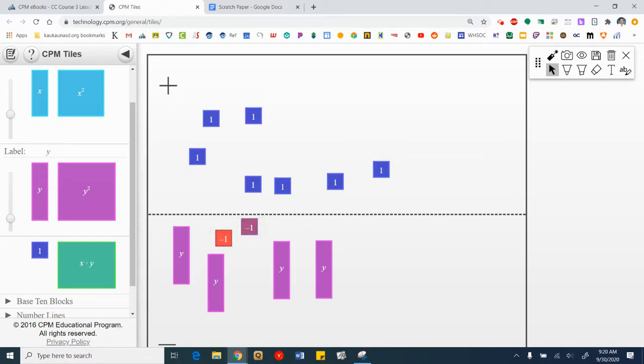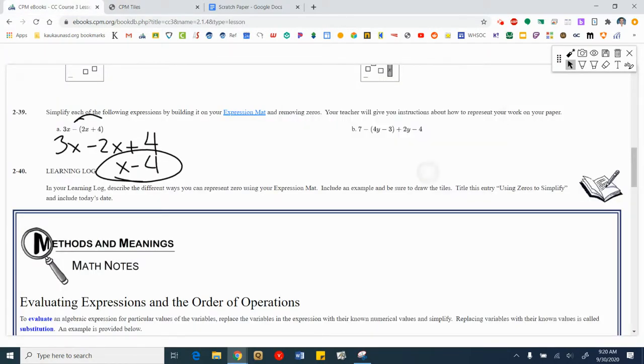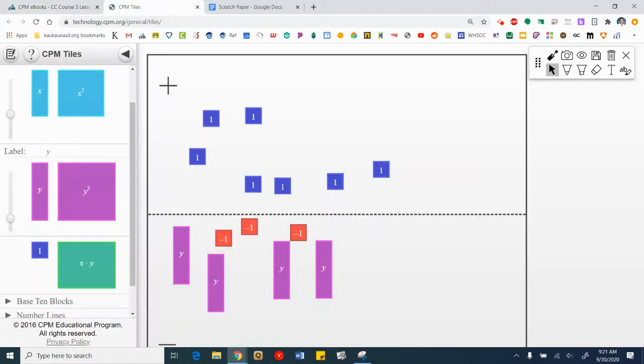I'm taking away negatives by putting them in the take away region. Plus 2y minus 4. Actually, let me think about this. Minus 4, minus a positive 4 in the lower region.